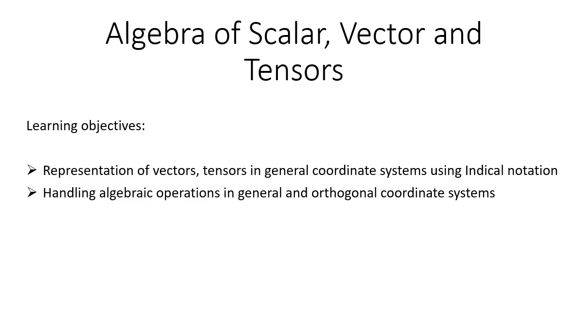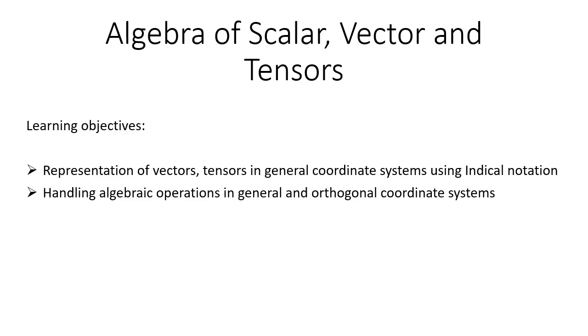So this is something that we know, but we haven't been trained in a manner to recognize this earlier. And the main emphasis is on general coordinate systems, so not necessarily confined to or attached to a Cartesian coordinate system as is usually the case.